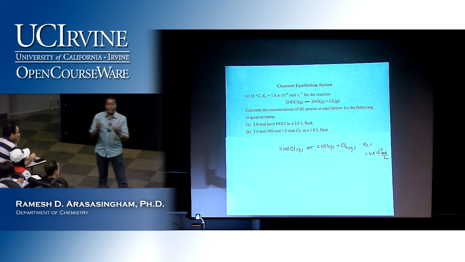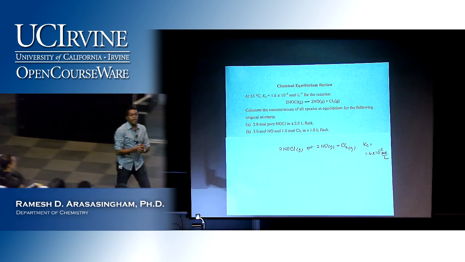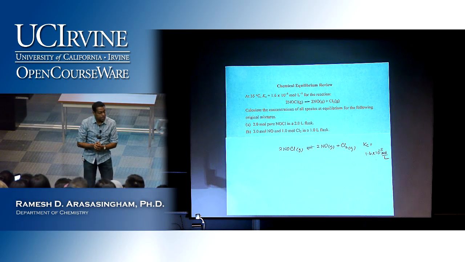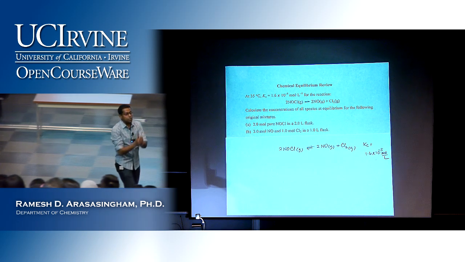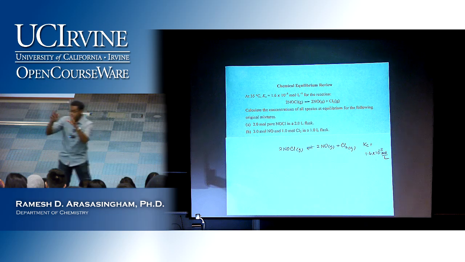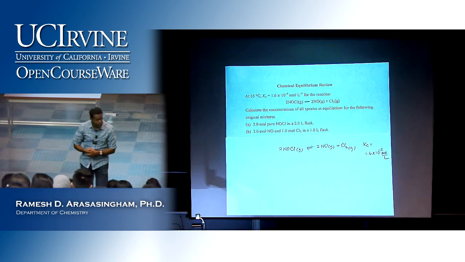So what the numerical value of K tells you is what the equilibrium composition looks like. It tells you whether that mixture has lots of products and very little reactants.